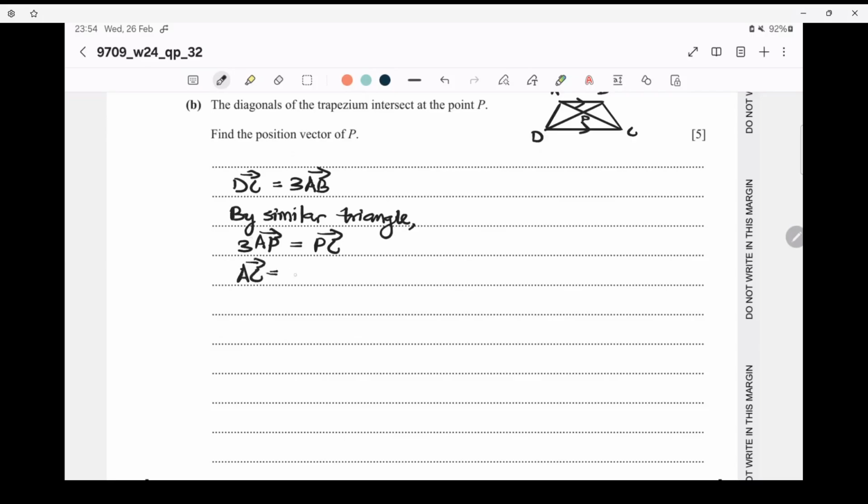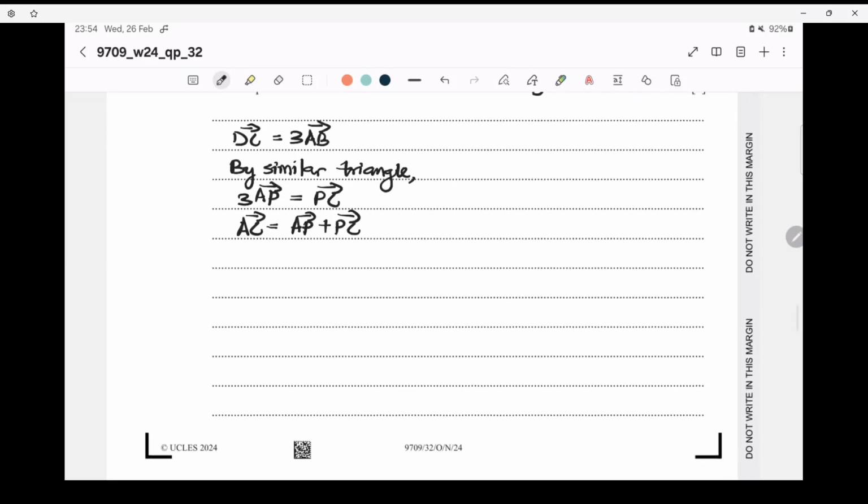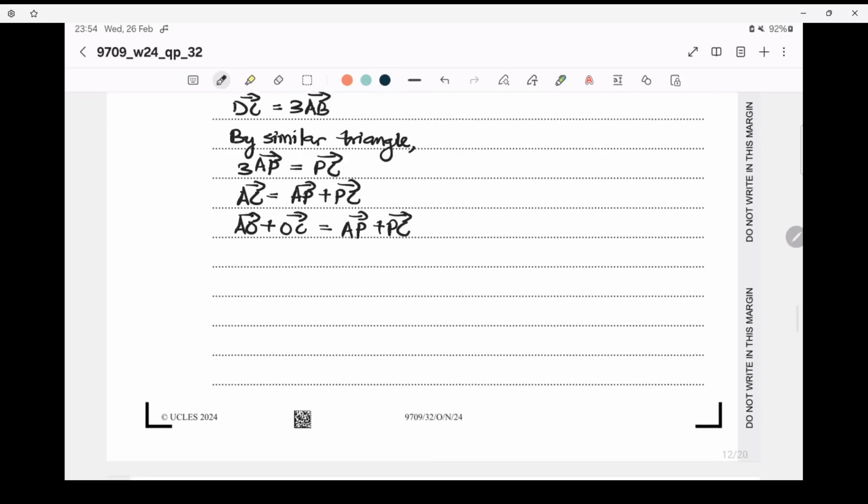AC is AP plus PC, and we know that AC has 4 parts. So let's start with AC. AC is also equal to AO plus OC, and this is equal to AP plus PC as well. So what is AC? AC is basically AO plus OC. So this is AC.